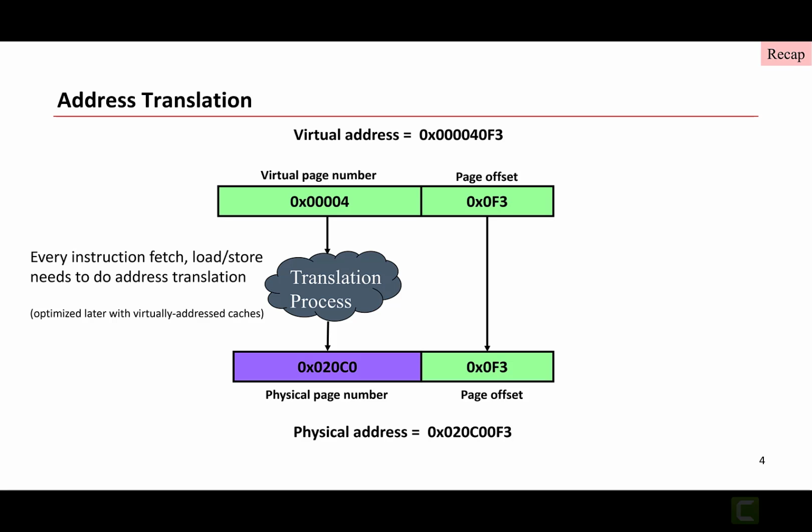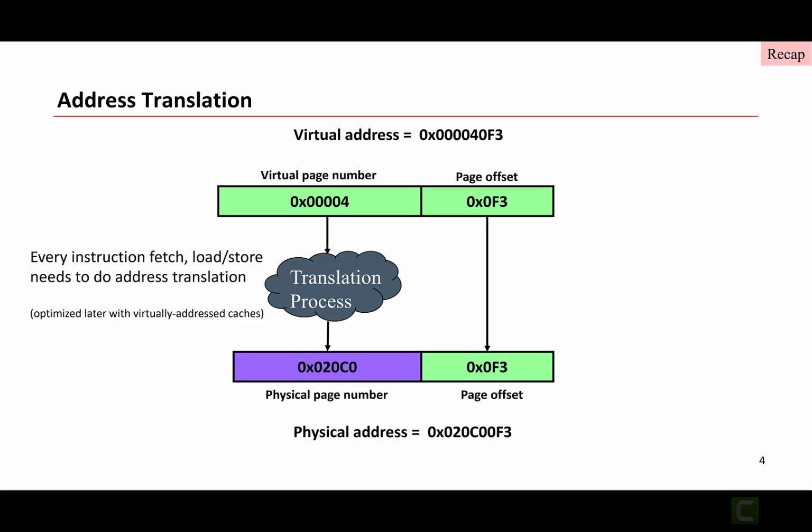Now, we need to make a memory access for every load and store instruction. So this will be done as part of the memory stage. But keep in mind that every instruction has to go through the instruction fetch stage where you retrieve the instruction from the memory. So you also have a memory access in the fetch stage. Whether it is a load or a store or a branch or an add instruction doesn't matter.